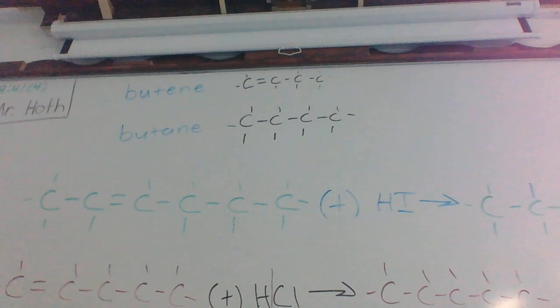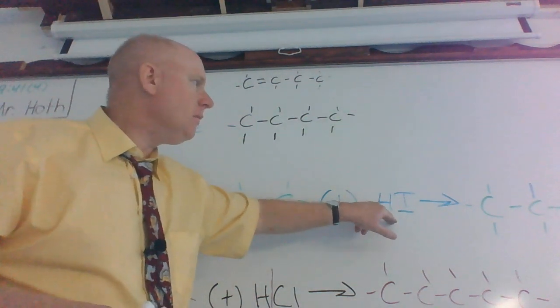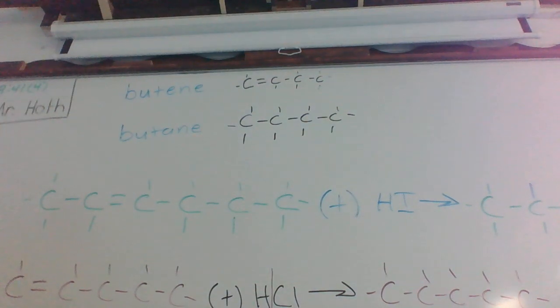Notice we accounted for both of these atoms here. You could say, well, I thought you attach that hydrogen to the one that already has the most. Well, there's only one of two places it could go, here and here. This carbon had one, this carbon had one.